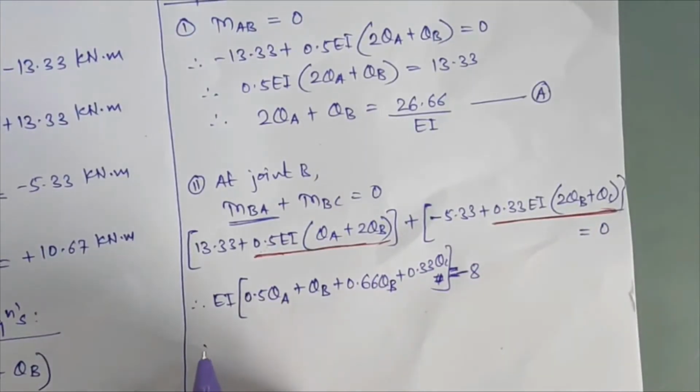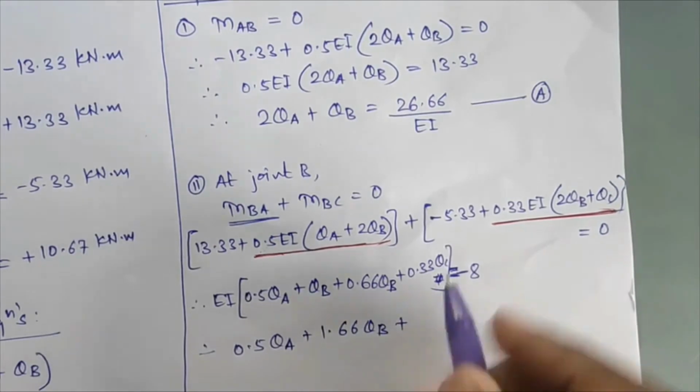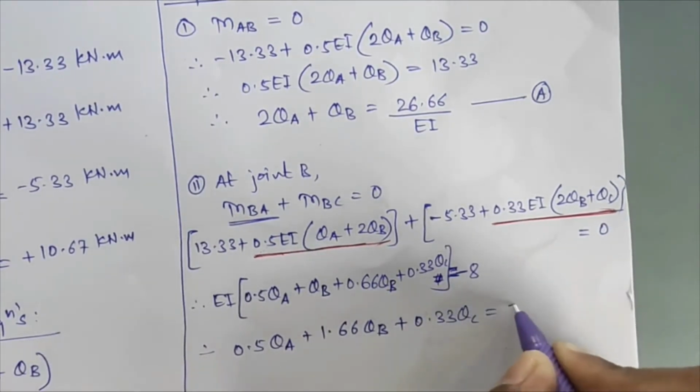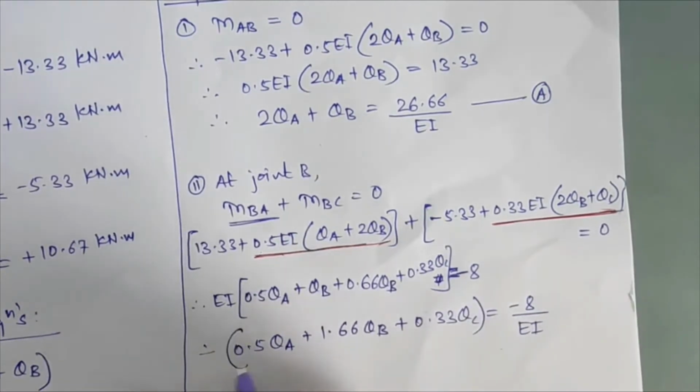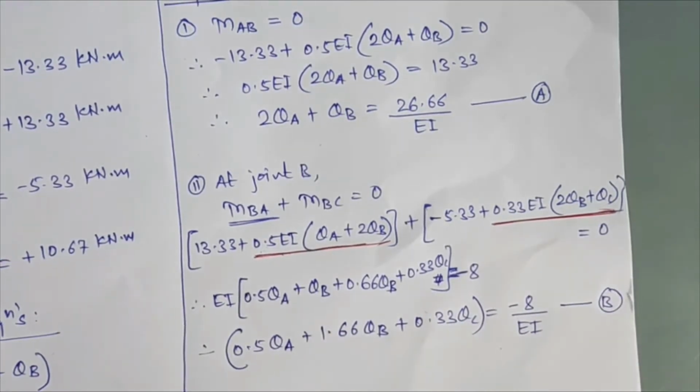If you simplify this, I get 0.5 times theta A plus 1 theta B plus 0.66 theta B, which is plus 1.66 times theta B, plus 0.33 times theta C is equal to minus 8 divided by EI. So this will be my second equilibrium equation, equilibrium equation number B.